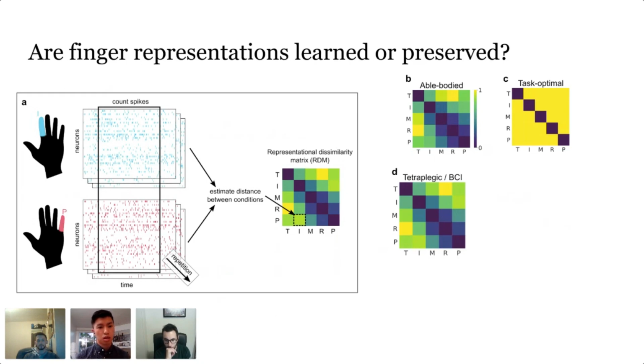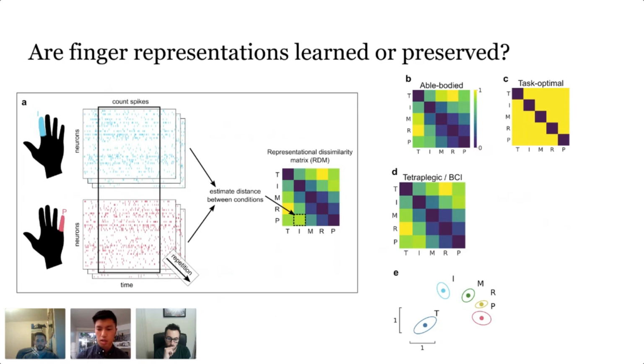You'll see that the finger representation strongly matched the able-bodied data. You can see this by visually comparing D and B. But if you want a more intuitive visualization of what the structure looks like, here's a 2D projection using multidimensional scaling. You'll see that the thumb is neurally distinct and the middle, ring, and pinky fingers are more similar.